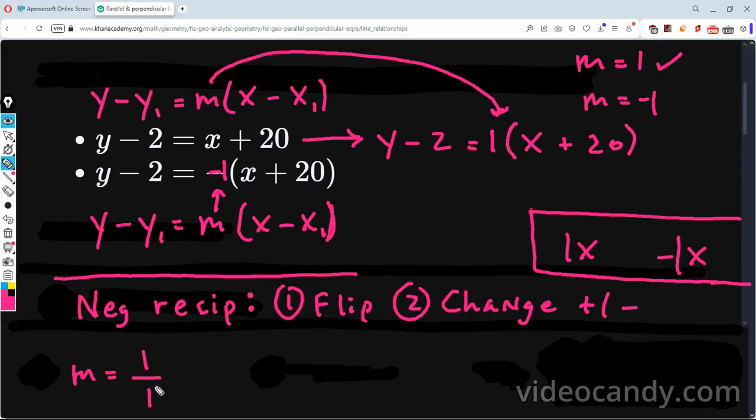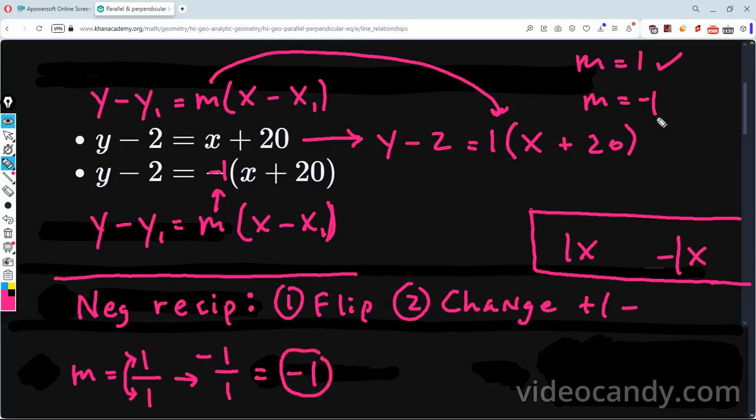I'm just making it a fraction so I can do these two steps. Now we want to flip it. So 1 over 1, once we flip it, is still just 1 over 1. When I say flip it, I just mean take the reciprocal: flip the top and the bottom, and then change the plus minus sign. At first it's positive, and now it's negative. So negative 1 over 1 equals negative 1.